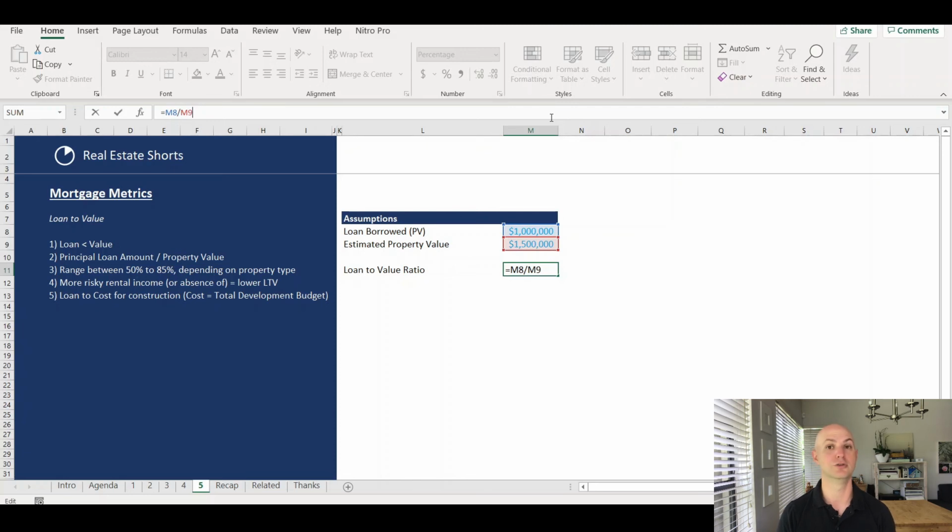They would have lent you too much relative to the current value. So keep in mind that loan to value and loan to cost is a bit more flexible than this formula may imply at face value. The lender could establish milestones, benchmarks, or strings on how much money they're willing to give you and when. Typical loan to value ratios in commercial real estate are probably between 50 and, call it, 80 or 85%.